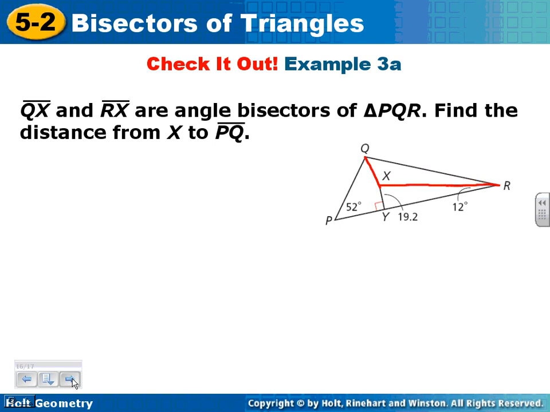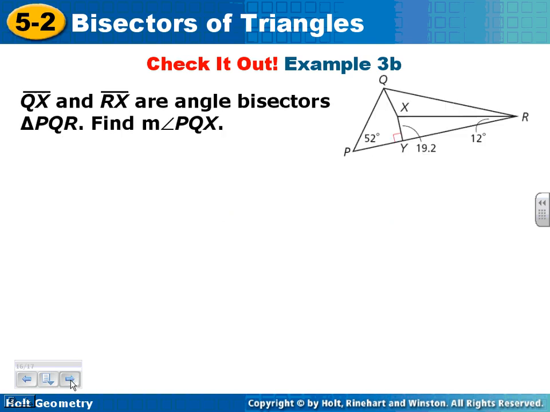In other words, from X, I'll put it in blue, to PQ, what's that length going to be? It has to be the same length as this one, 19.2. All of those lengths would have to be the same. 19.2 would be that answer.